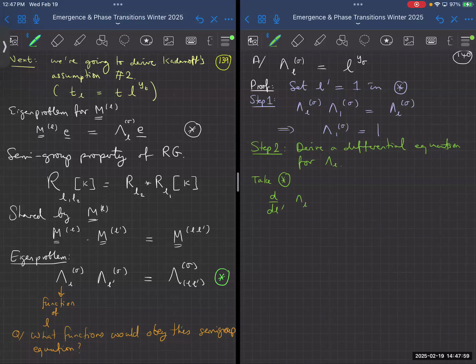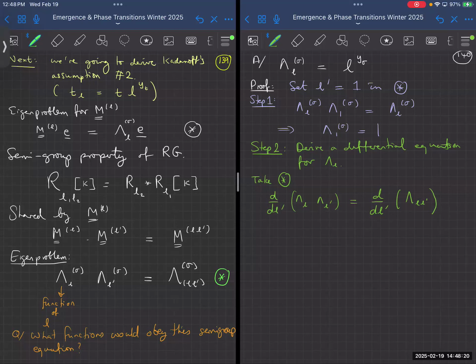So I've got lambda L, lambda, I'm not writing down all the sigmas just to save time. So I've got this is equal to d by d L prime of lambda of L prime. That's what the semigroup equation says, just by differentiating it.